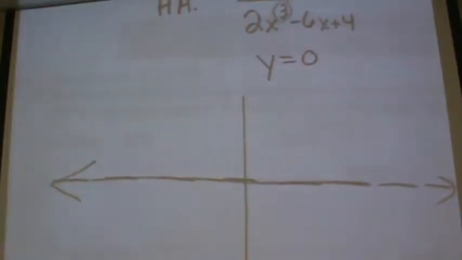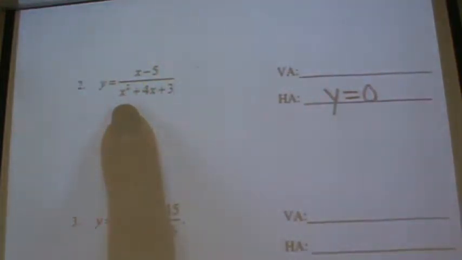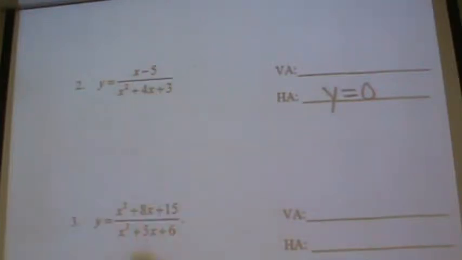Where is y equals 0? It's right here. So bottom heavy, y equals 0. Bottom heavy, y equals 0. Let's look at these and tell me which ones are bottom heavy. Number 2 is bottom heavy. See how that's a 2 and that's a 1?